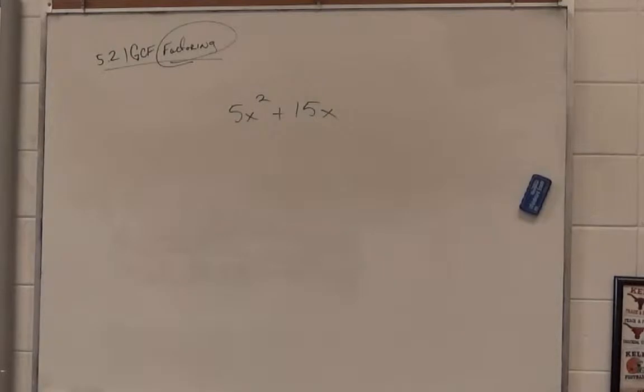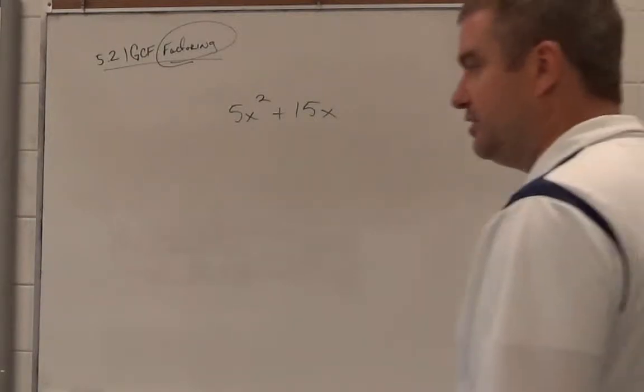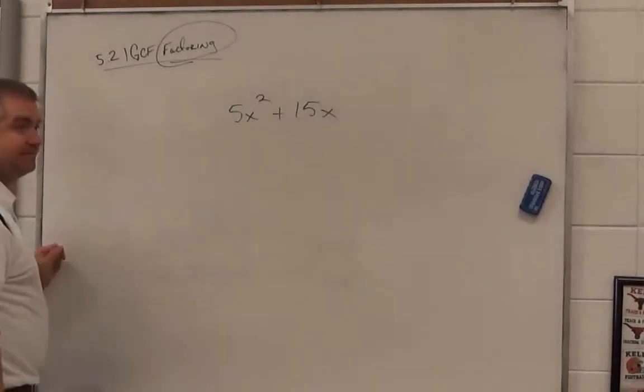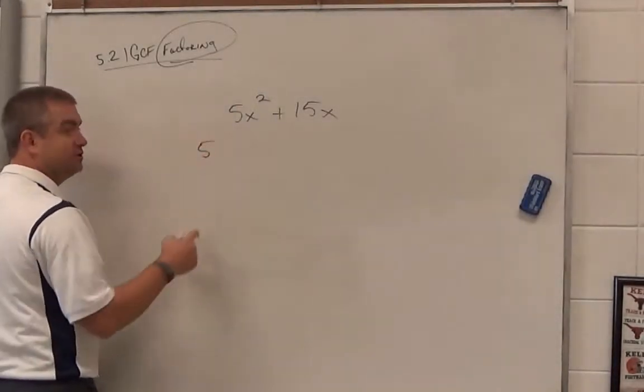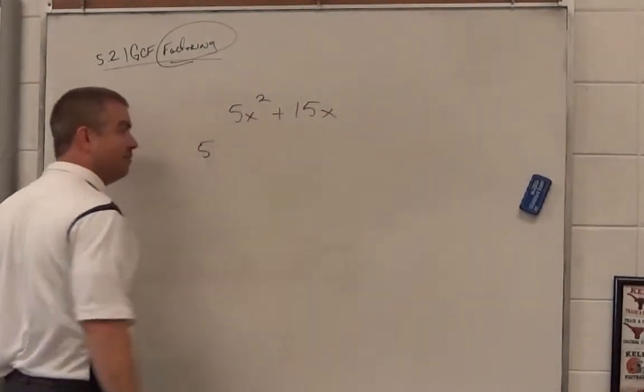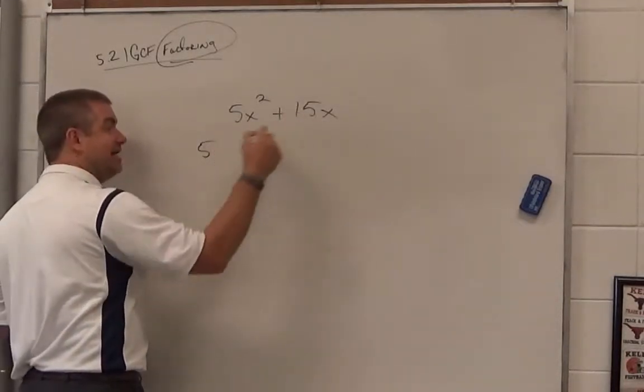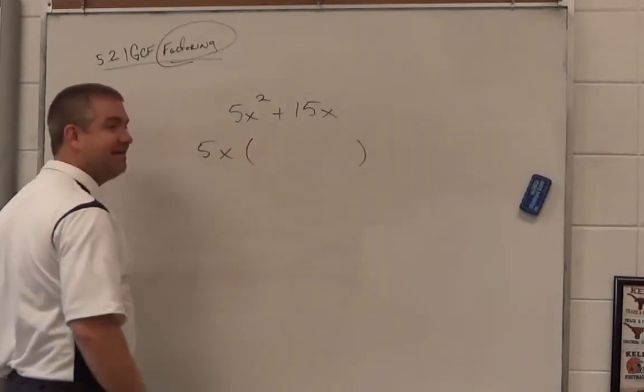But I want you to be able to factor using GCF. What's the GCF of 5x squared and 15x? 5. Do your numbers first. Scan the problem and do your numbers first. 5x squared, 15x, they have a 5 in common. How about the x's? Just a plain old x. We got x squared and x. They both at least have an x.